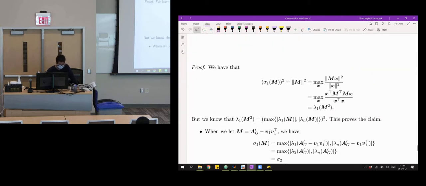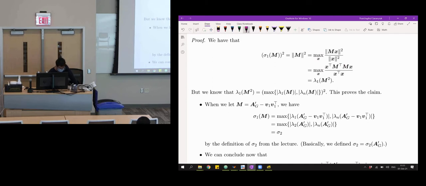If you look at the singular value squared, this is the norm of M squared, which is this. Then you expand the definition here. The norm squared is nothing but x times x, and the norm of this squared is just this thing times this thing. But now we see that this is just M squared because M is symmetric.